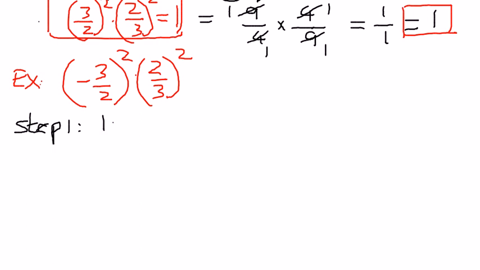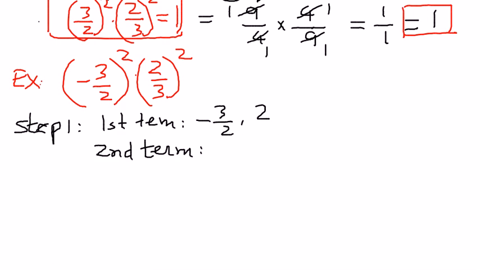For the first term in this problem, the base term is negative 3 over 2. The negative sign is inside the parentheses, therefore negative 3 over 2, and the exponential term is 2. And for the second term, the base term is 2 over 3, and the exponential term is 2.